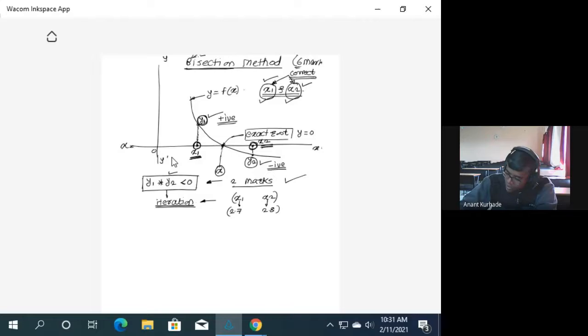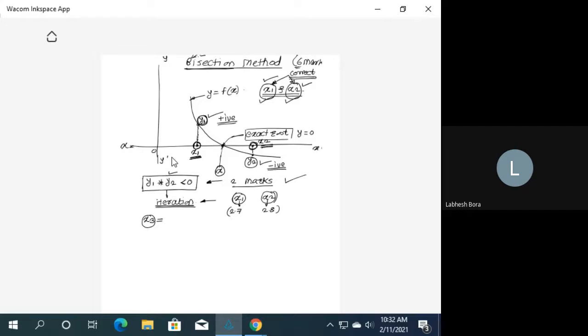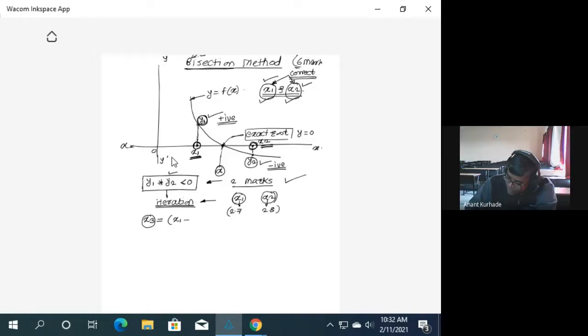Already we have x1 and x2, so we can write the iterative formula for x3. How can you bisect these 2 numbers, or take the average of these 2 numbers? It is very simple: x3 is equal to x1 plus x2, whole divided by 2.